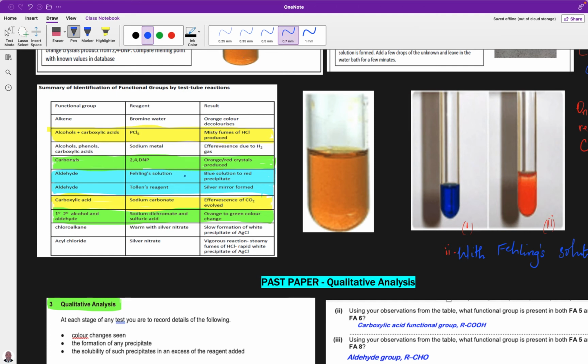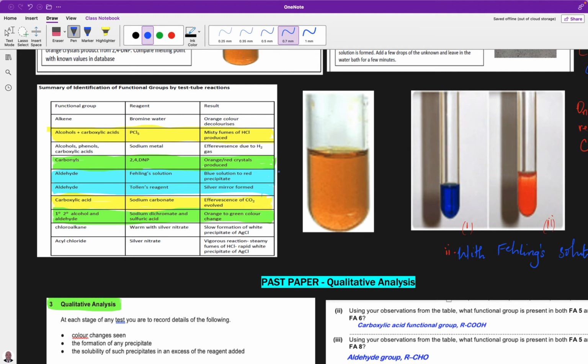In that case, it can lead us to differentiate between aldehydes and ketones, where with Tollens reagent, only an aldehyde will give a silver mirror. Where there is Fehling's solution, only an aldehyde will turn the blue color in the solution to a red precipitate.